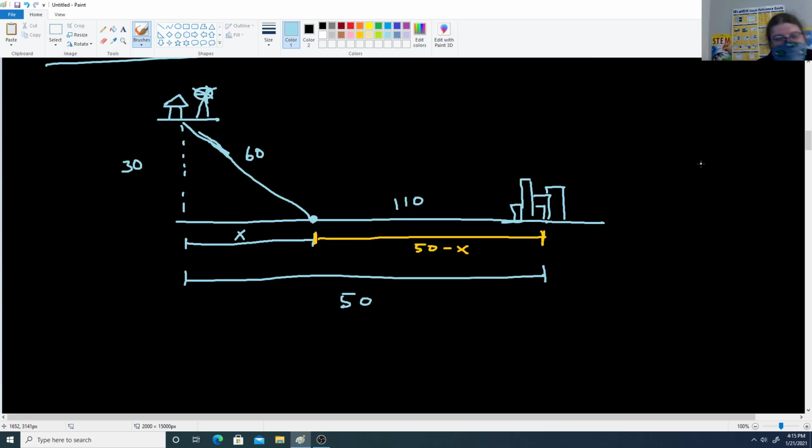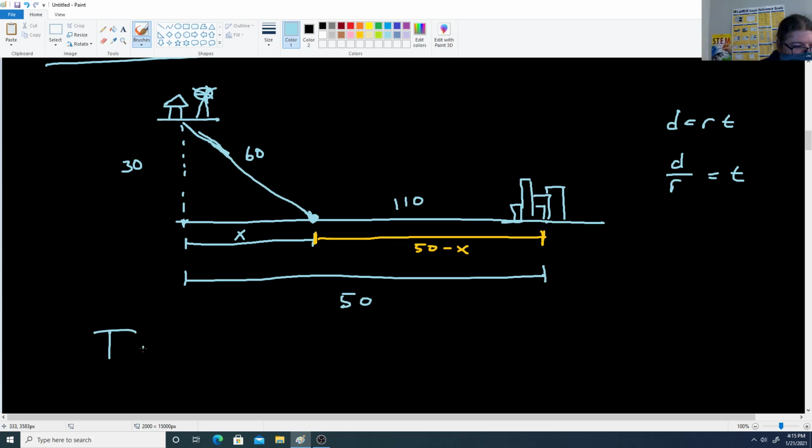So our goal in this little setup here is to figure out how far from the perpendicular distance we should have the meeting point where the road meets the highway. And again, we want to remember, we're trying to minimize time. So we're going to use distance equals rate times time, and we'll say distance over rate is time. We're going to use that to generate our equation.